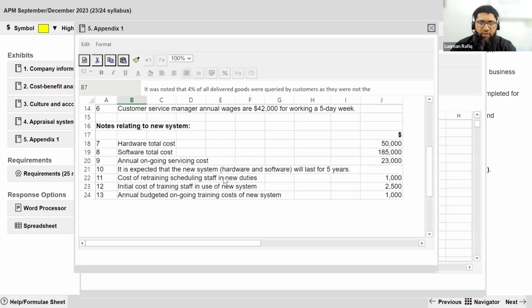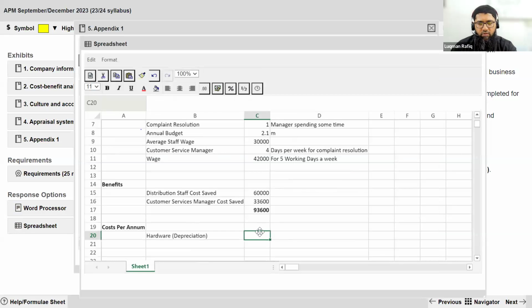It's 50,000 and a 5 year life. So it's going to be 50,000 divided by the 5 year life. Resultingly, it's going to be 10,000.